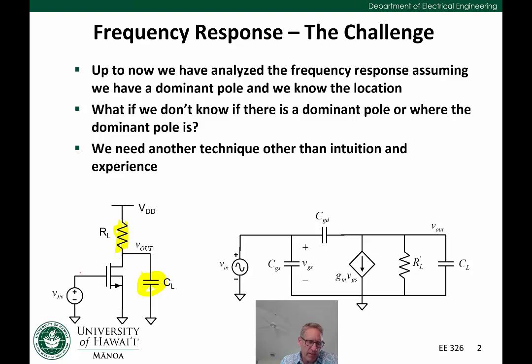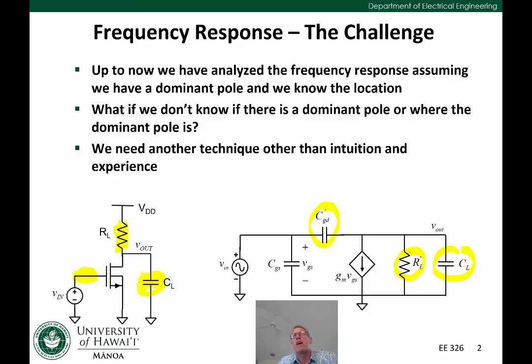In fact, we haven't even really modeled what's going on yet at the input. So in this circuit, there really is only one pole you have to worry about, and that's evident in the small signal model, where there's really only one R here, and there's this capacitance associated with it, CL, and even potentially CGD.